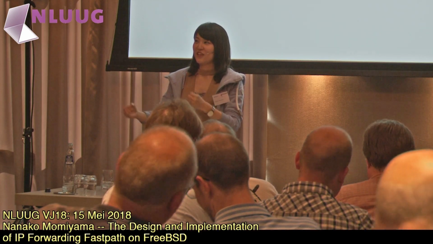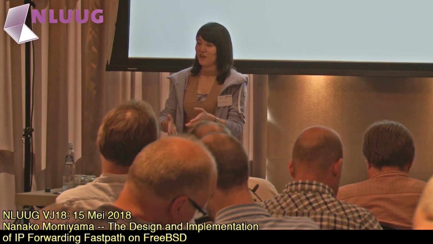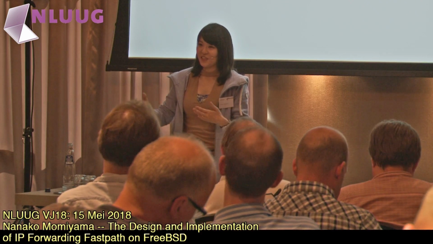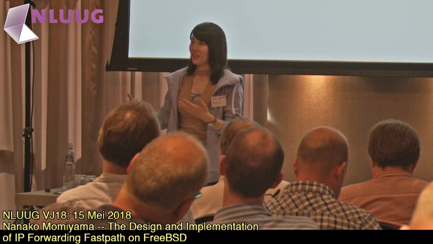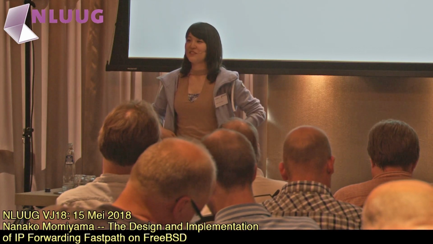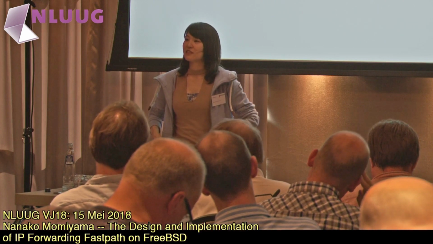So first I need to speed up with the single core, and of course I need to do more measurement of multi-core scalability. But first I am just focusing on the single core.